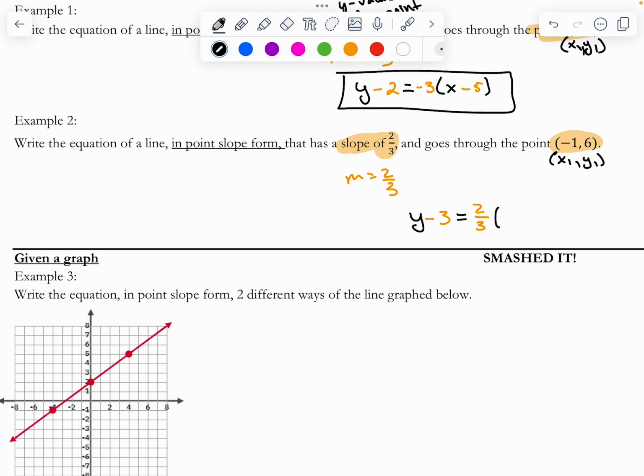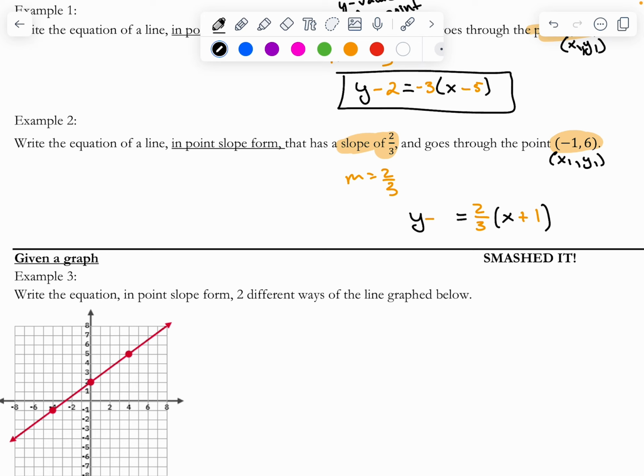times x. Now, the reason that I say you guys are going to have the opposite of what you see is because when you subtract away a negative 1, remember, a double negative becomes a positive, right? So instead of writing minus a negative 1, we like to just write plus 1. It makes my life easier, it makes your life easier, it makes everyone's life easier. So that's why I always say you should see the opposite. And remember when I said 6 on the y?